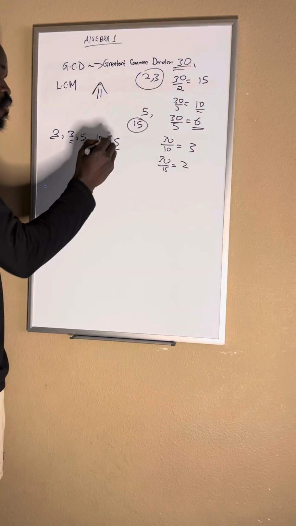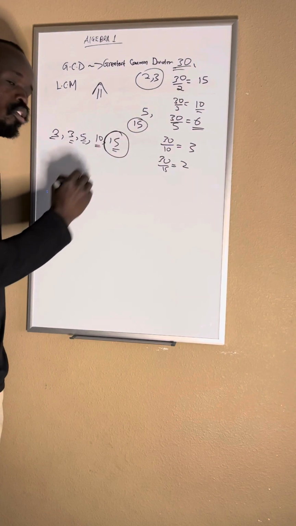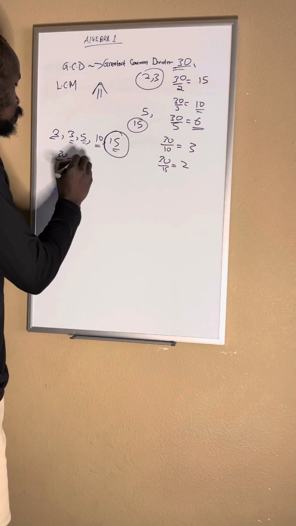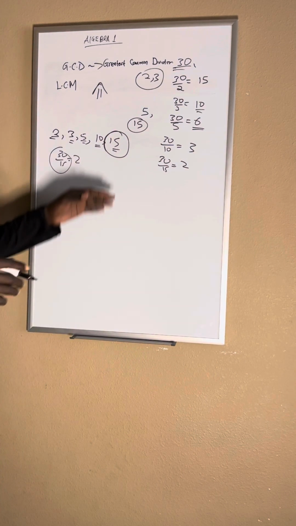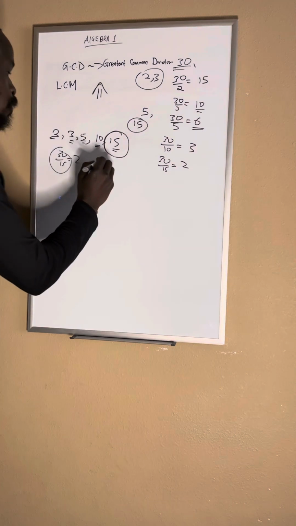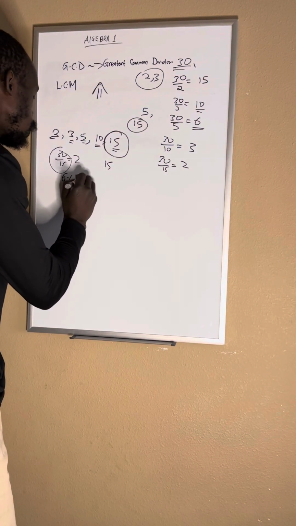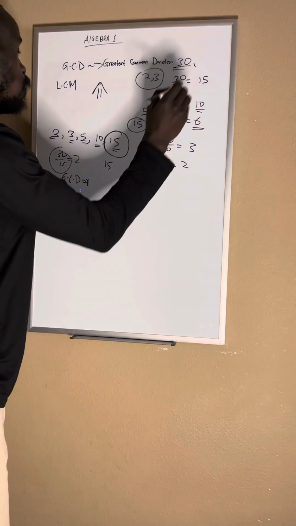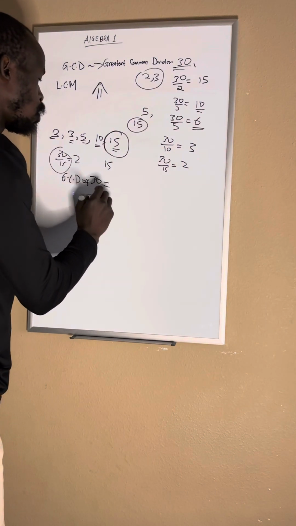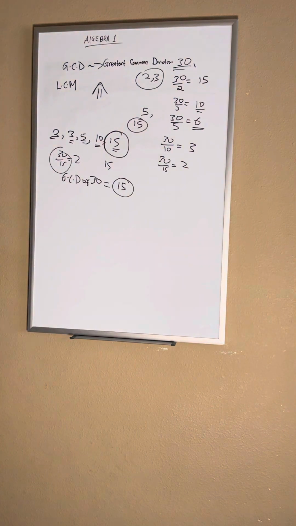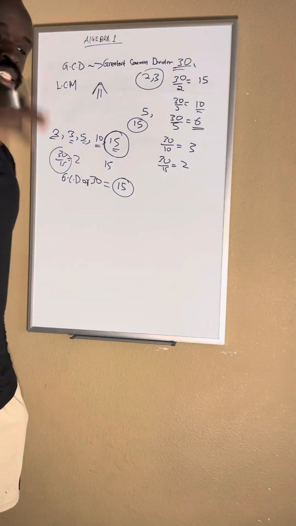The greatest common divider here will be 15, okay? Because now when you divide 30 by 15, you get 2, okay? So the greatest common divider in this case is 15. So when you're asked what's the GCD of 30, what will be your answer? 15. Okay, so that's what we mean by GCD.